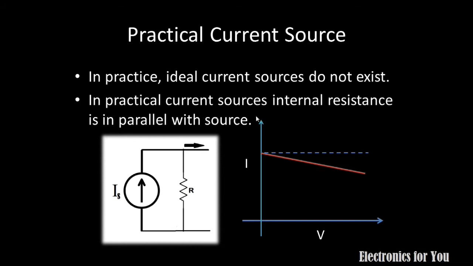In practical current sources, the internal resistance is in parallel with the source. Here you can see this resistance is in parallel with the source. If the terminal current is IT, we should get a constant output.